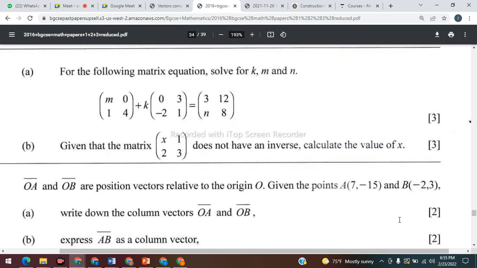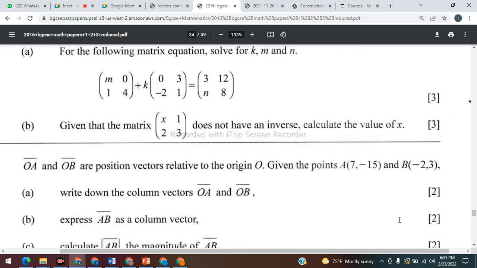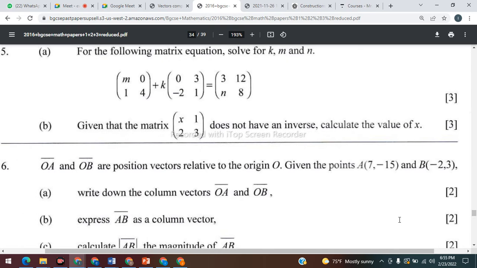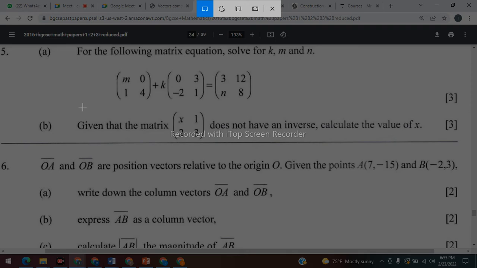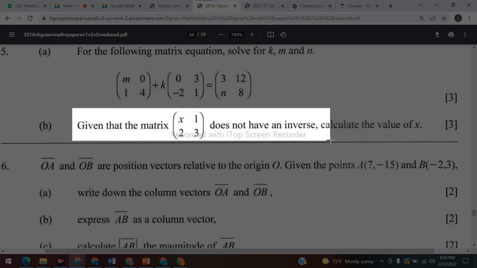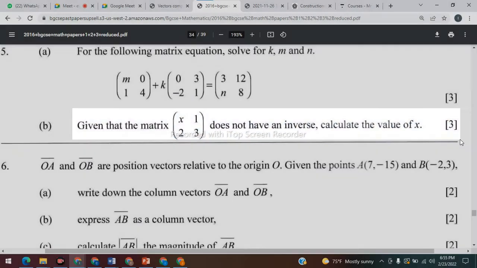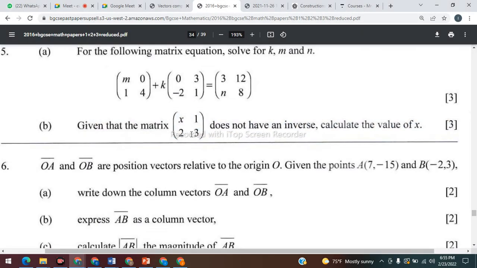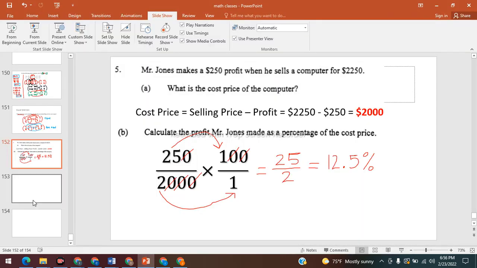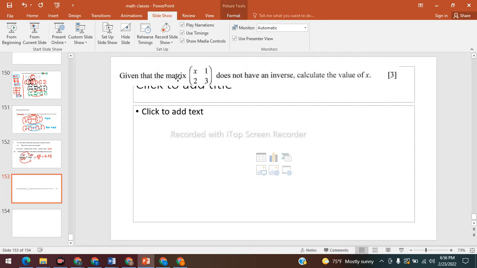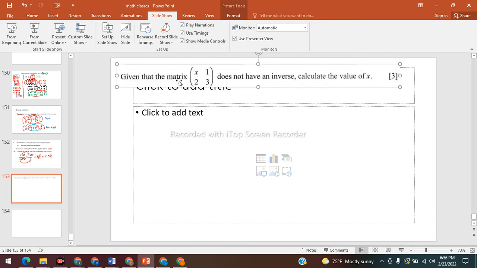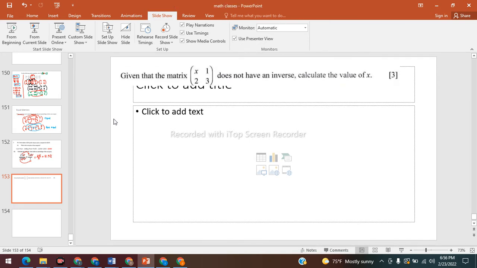All right, so we're done with that question. Let's go back to the one that might be unfamiliar to you all. Given that this matrix does not have an inverse, calculate the value of x. This is a deep question. How are we going to solve it?